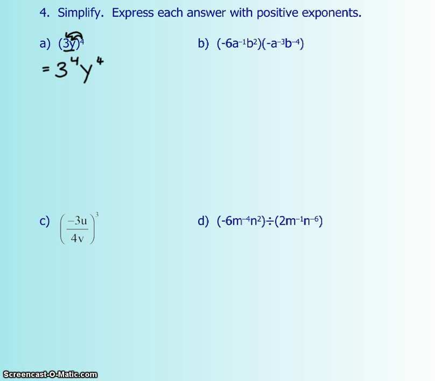So the 3 to the power of 4 is a coefficient, and since it's a coefficient, we have to evaluate it. That means we have to figure out the answer. 3 to the power of 4 is just 81. And then we write the y to the power of 4 beside it. Now that's our final answer.